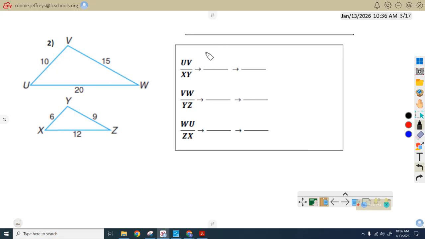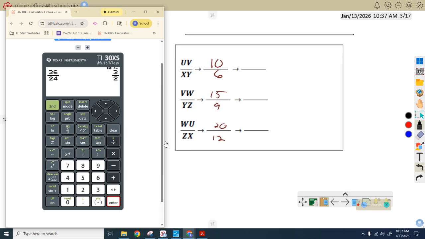Alright, so UV, which is 10, over XY, which is 6. Then 15 over 9, and then 20 over 12. Alright, now typing this in. So that's 5 thirds.